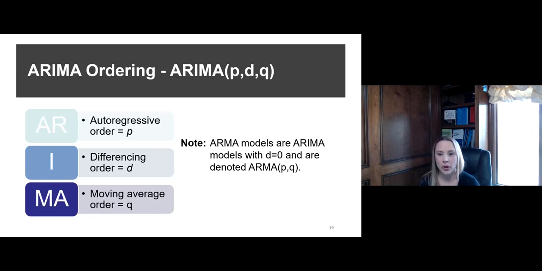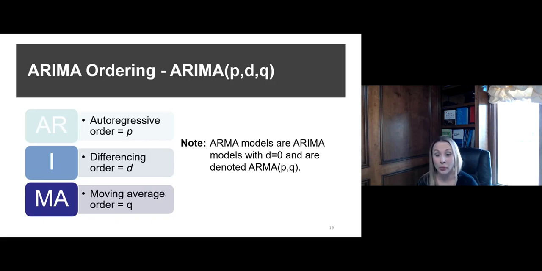But when we looked at the partial autocorrelation plot, or the PACF plot, for the sales example, we saw that it was order 3. Now, if we need to create a stationary data set, we would need to do differencing. That would be the I portion of ARIMA. And then the MA is the moving average order, which would be our Q value.